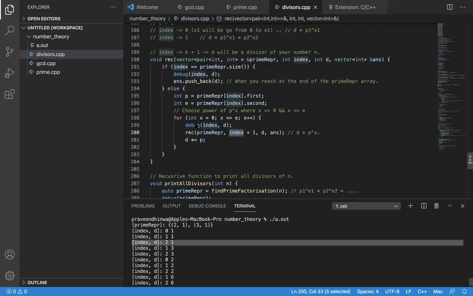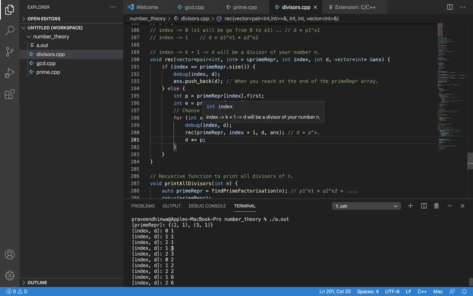Now you go back to the previous place, this 0, 1, and you multiply d by p. So you multiply d by 2. At this point, what is your index? Index is 1. You multiplied it by 3.